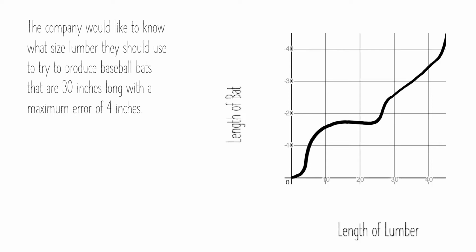So that means that they're aiming for this 30 inches, but they're okay if we're 4 inches shorter or 4 inches longer. So we're okay with 34, and we're okay with 4 less than 30, which is 26.